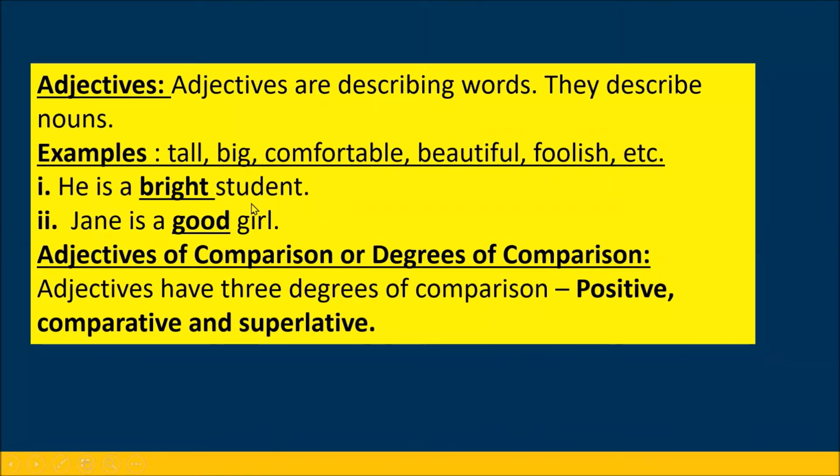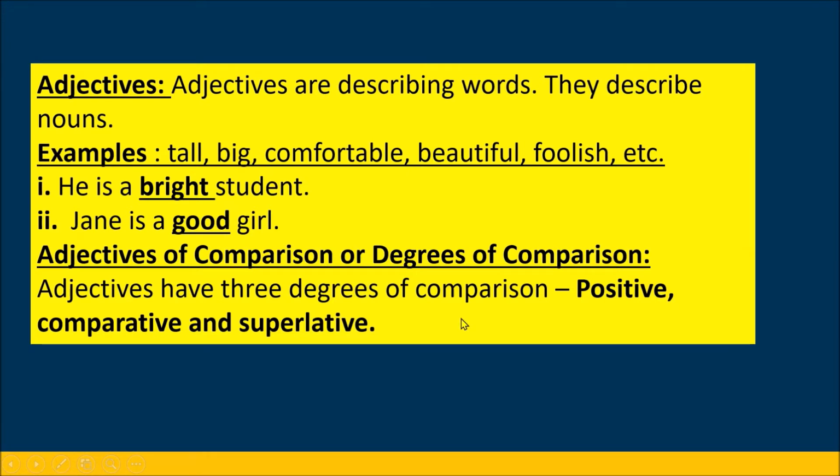What type of a student is he? Bright. So bright is the word which describes student, so bright is the adjective here. Jane is a good girl. So good is the word here which describes the word girl, so good is the adjective here. Adjectives are describing words, they describe nouns.